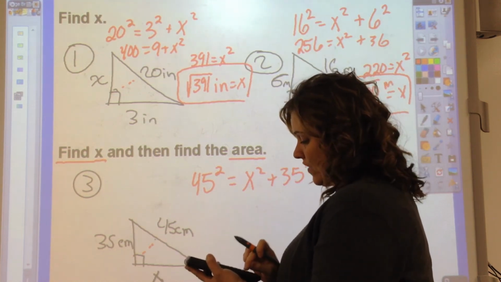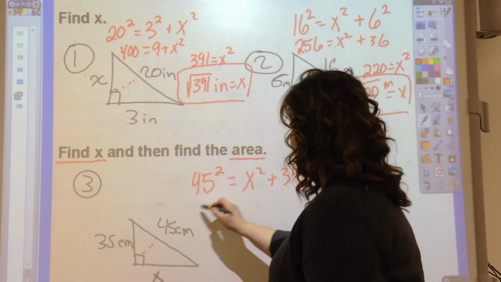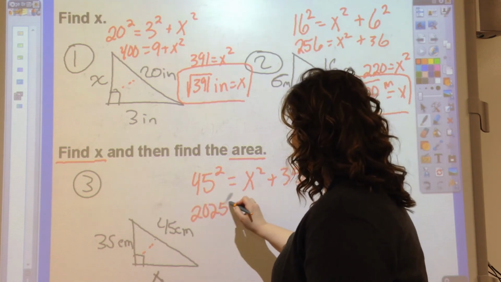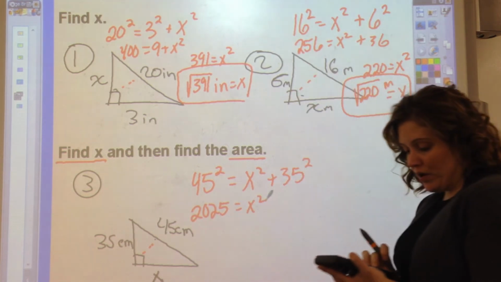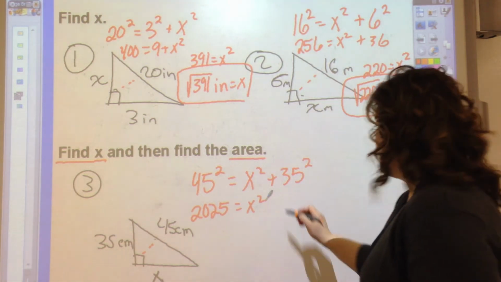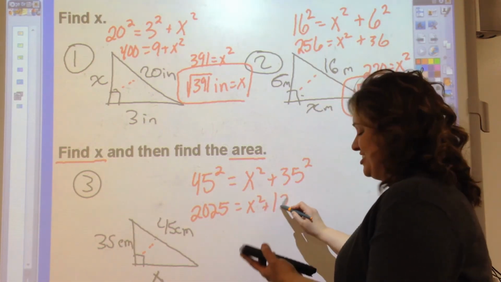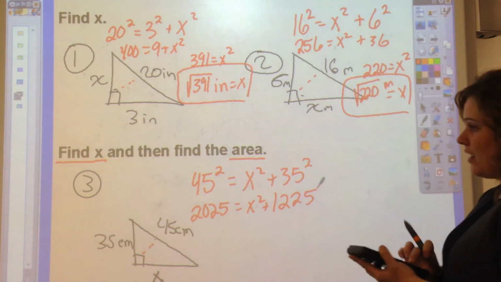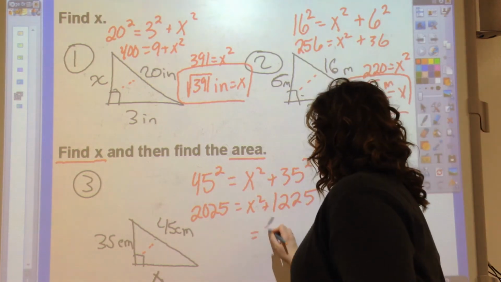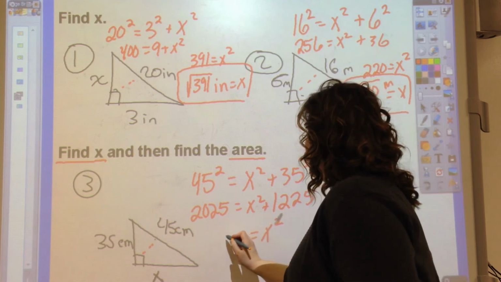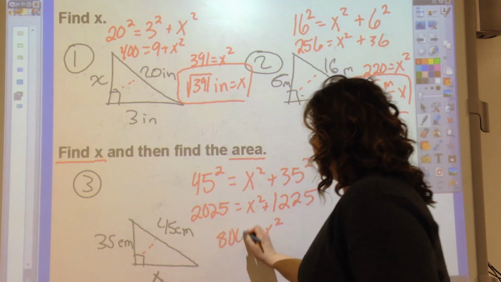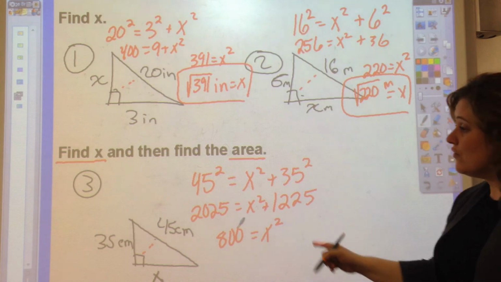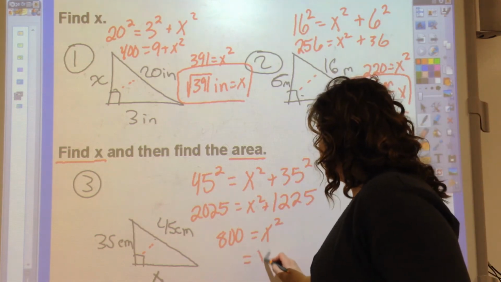So let's go ahead and square 45. And I get 2,025. Let's square 35. And I get 1,225. And if I subtract that on both sides, I'm going to get x squared equals 800. Now, to solve for x, I'm going to square root both sides.